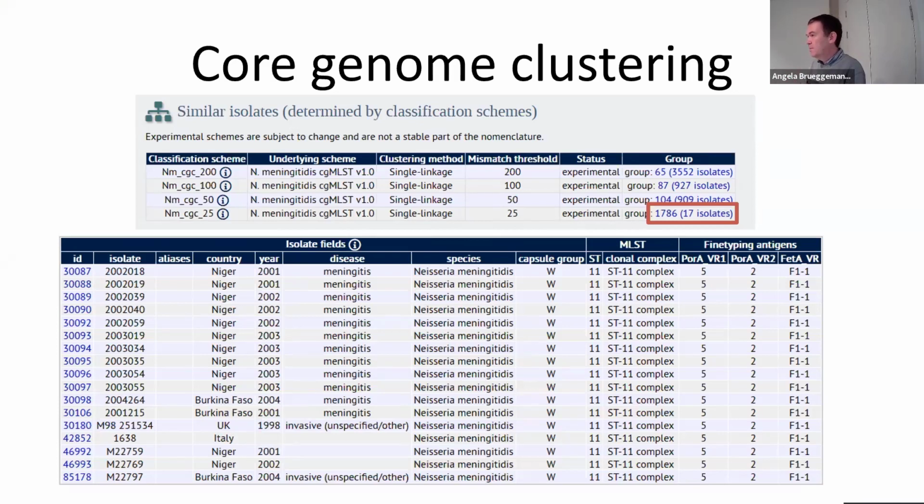But it does mean that over time it doesn't work as a clustering sort of thing, but it's still useful. We do have another method that has been developed, which we are going to implement in BIGSdb, that uses LIN codes. I don't know if anyone's come across Life Identification Numbers. I can't really go into it, but it's basically a way that uses whole genome ANI, average nucleotide identity.